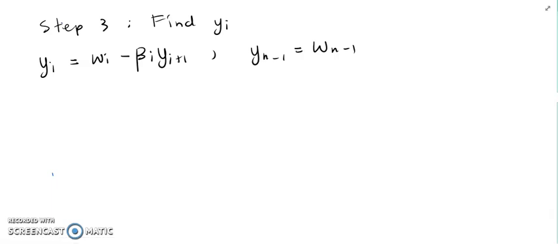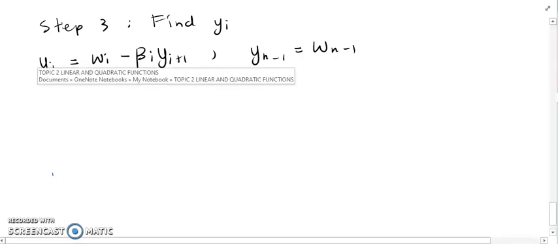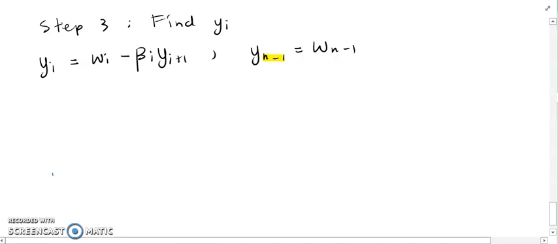And this yn minus 1 formula, what does it equal? We know that yn is our last value for y. So yn minus 1 is the second last value of y.